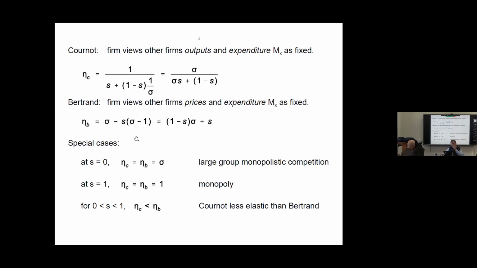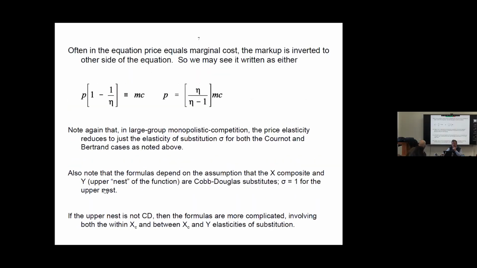Yeah, if the market share of an individual firm is 1, that's monopoly. There's only one. Go back to that one slide, the one we were just on. It equals 1.